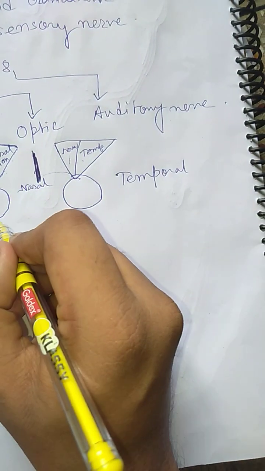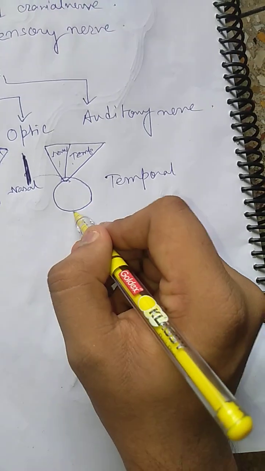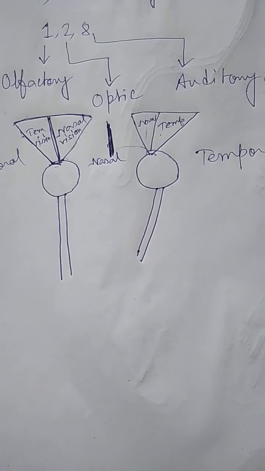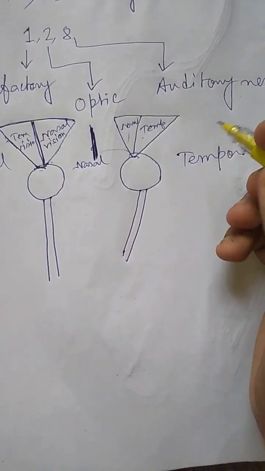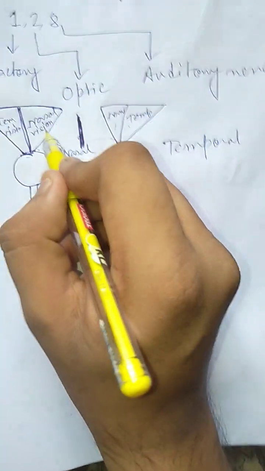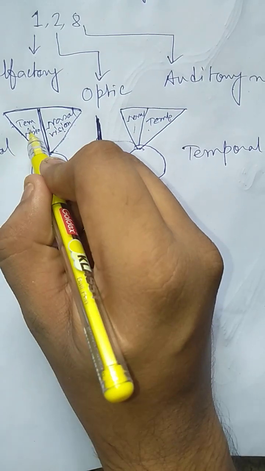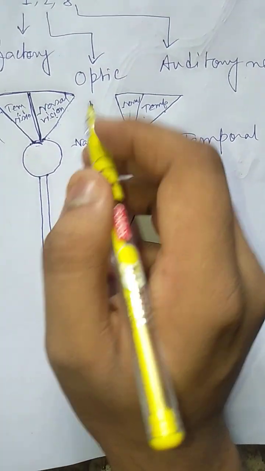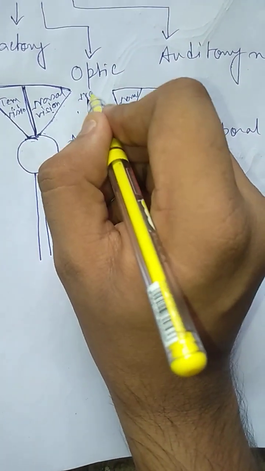The optic nerve has two fibers. This is a rough diagram, I am just trying to help all of you understand. Nasal vision and temporal vision, and this is temporal vision and nasal vision, because this is where the nose is present.